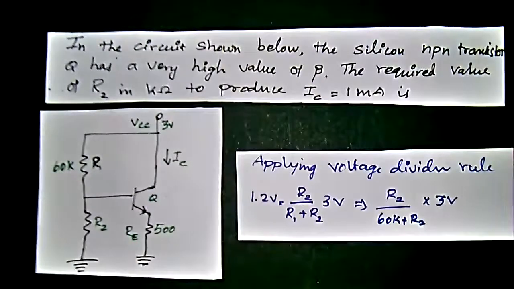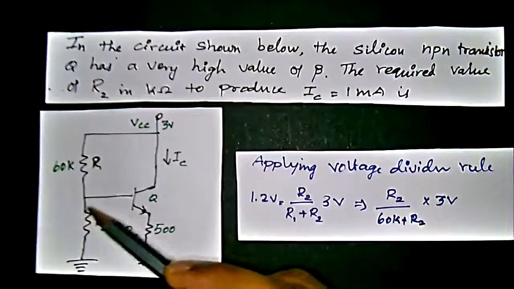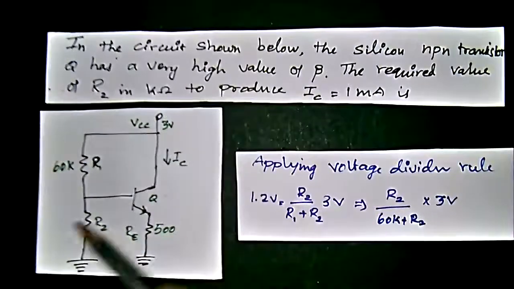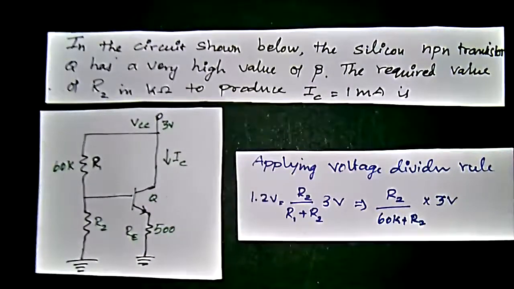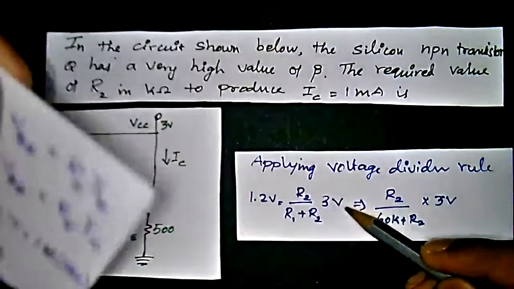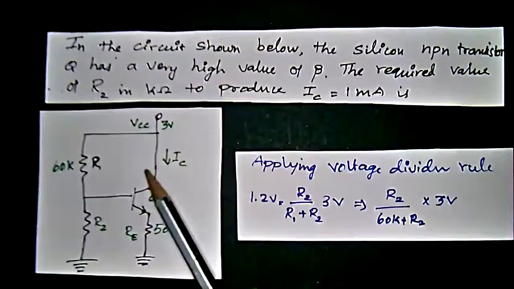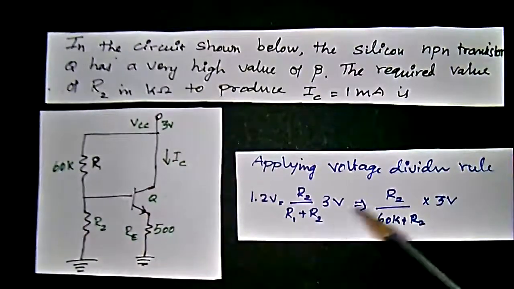Applying the voltage divider rule to this input stage, that is, the self biasing circuit. This R1 R2 combination acts as a self biasing circuit, which gives the input to the transistor, that is, the base voltage and base current. We have the output as 1.2 volt, that is VB, and the input voltage is VC, which is 3 volt.